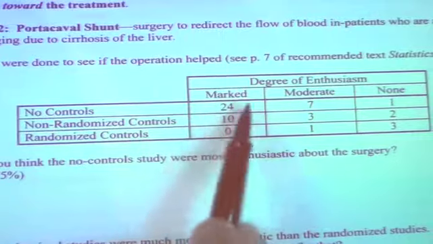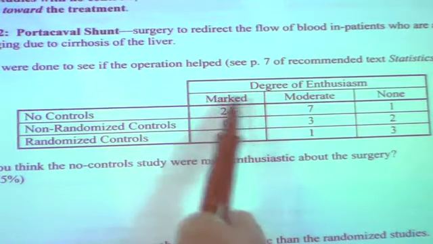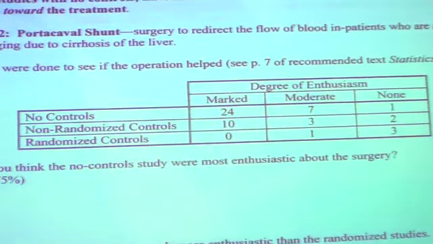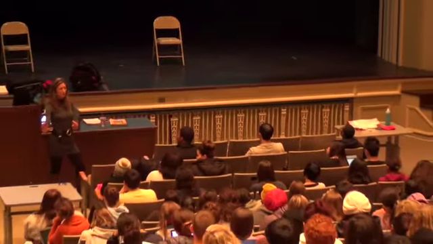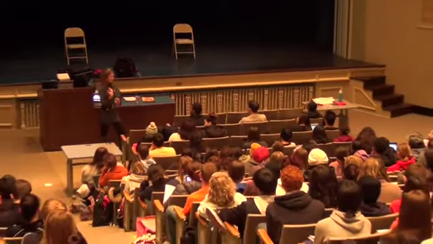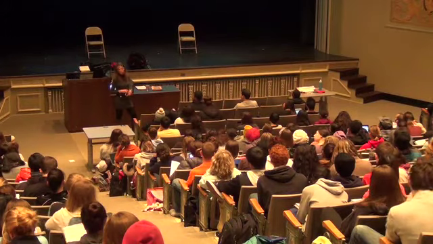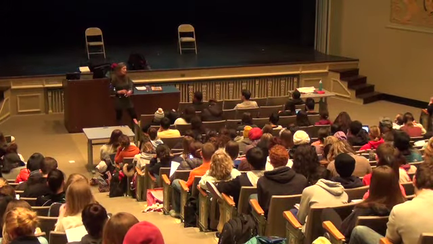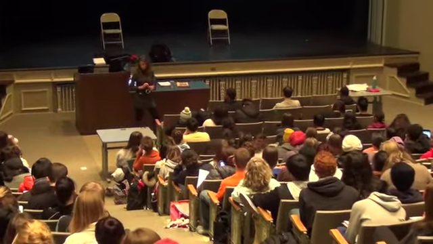And 24 of them I labeled markedly enthusiastic. These are all published studies, and it meant that these studies said, yes, I'm enthusiastically advocating you in your practice to do this. I believe it's a very successful operation that will extend the lives of patients in this condition and work much better than what I did in the past, but they didn't give any explicit quantitative comparisons.